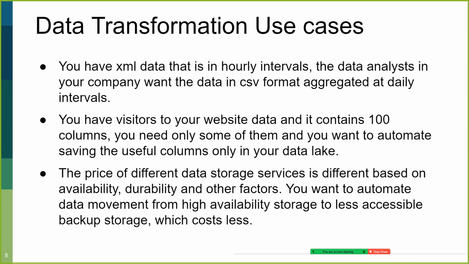The data that is more important to you, that the analysts are using on a day-to-day basis, you want in the high availability storage. But if the data is old and doesn't have much use, for example after 9 months or 1 year, you don't want to completely delete it, but you may want to move it to a backup storage, which costs less.